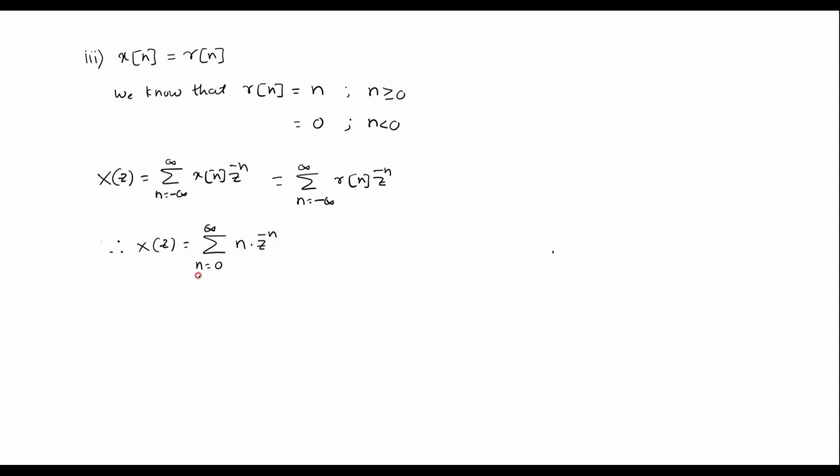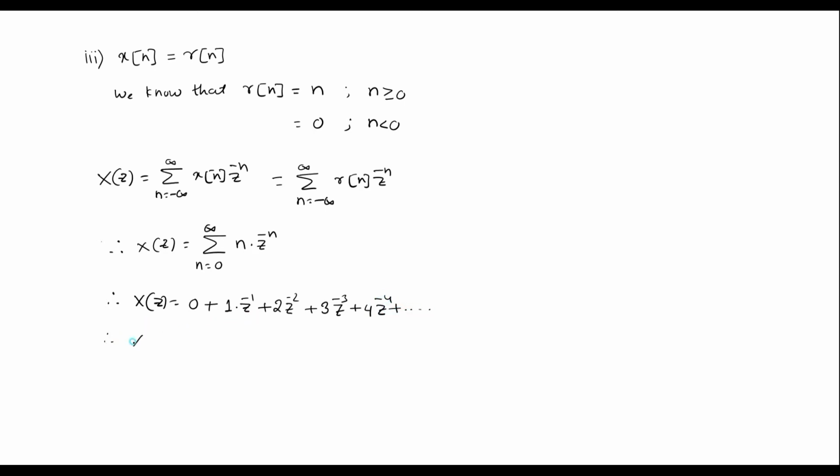Now expanding this summation, X of z is equal to, substituting n equal to 0, that is 0, plus substituting n equal to 1, that is 1 z power minus 1, for n equal to 2, that is 2 z power minus 2, plus 3 z power minus 3, plus 4 z power minus 4, and so on.